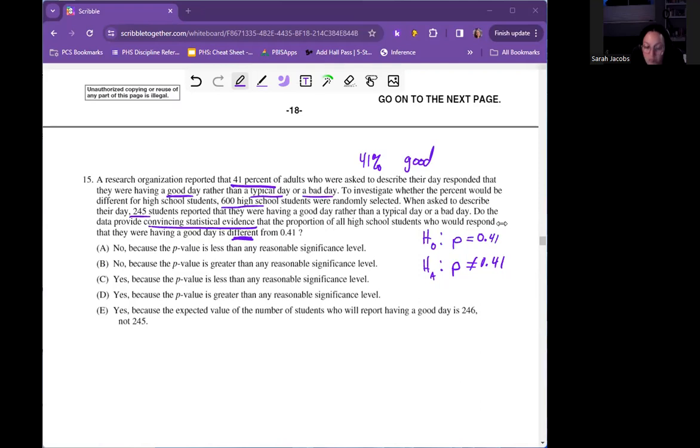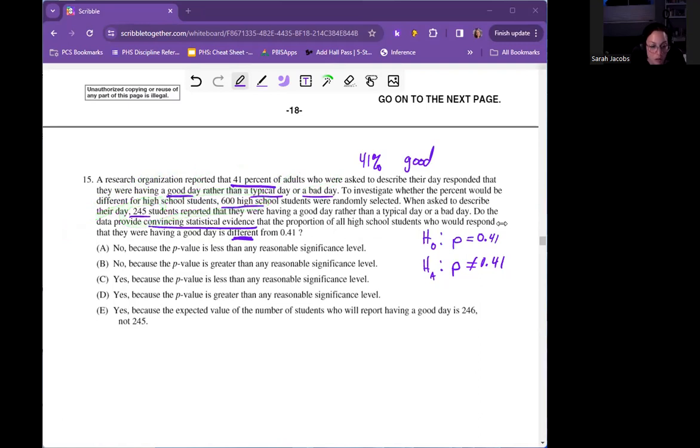Now, some of you might think, wait a second, how do I know this is going to be one sample versus two sample? This is the 41% that we're testing against. We're not comparing a sample of adults and a sample of high school students. This is just our assumed value. The only sample we have is this 600 high school students where 245 said they were having a good day.